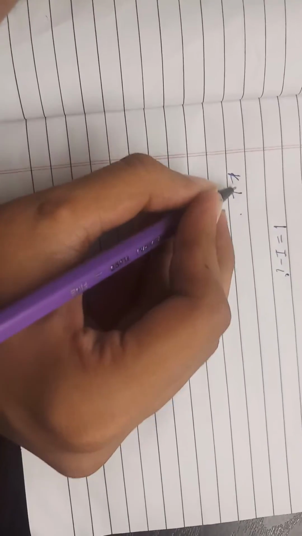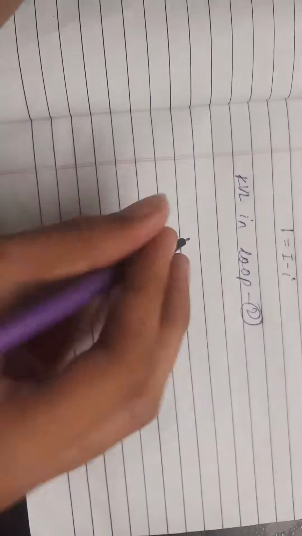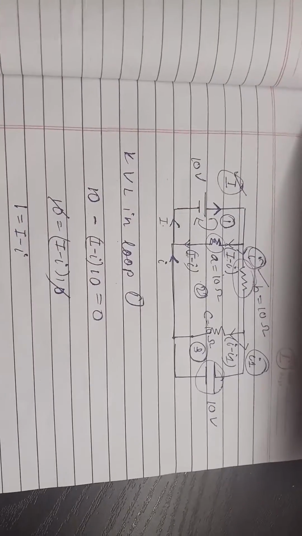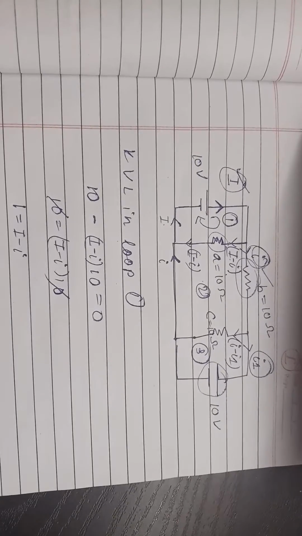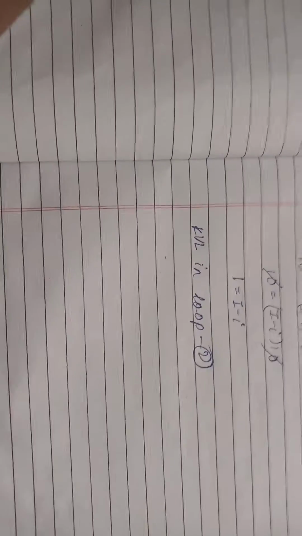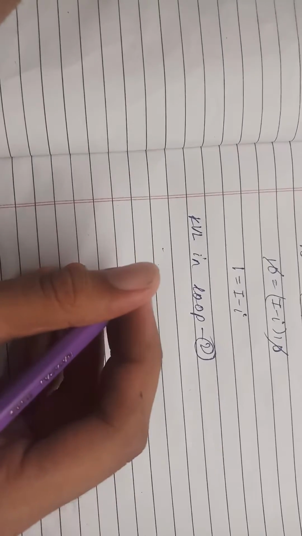Now we apply KVL in loop 2. I'm going to move my camera here so that you can see. This is the loop; look at it carefully. I'm starting in the anti-clockwise or clockwise sense, it doesn't matter.